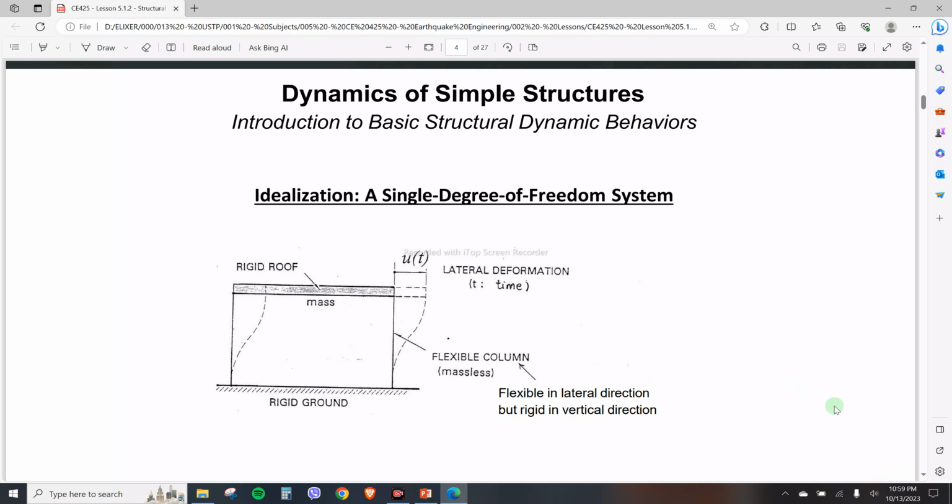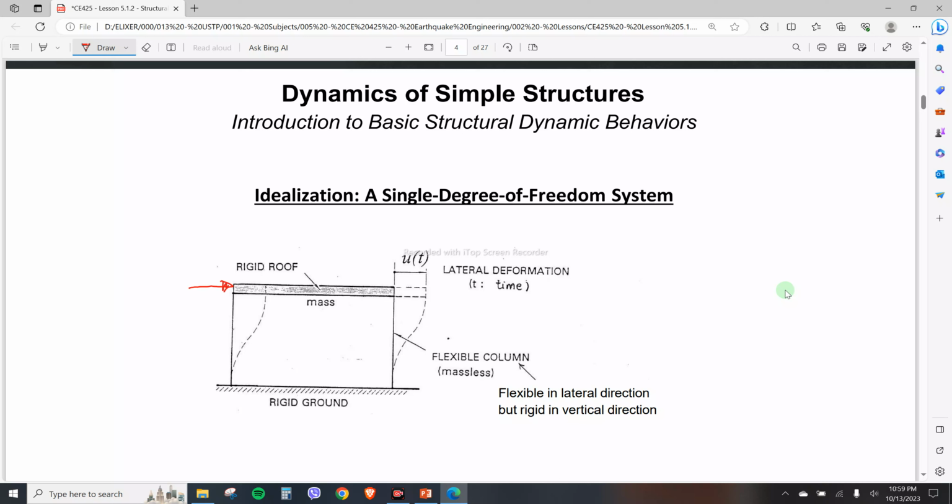Okay, let's continue with our idealization. Now this is an idealization of our single degree of freedom system. For this one, we allow the structure to move only in a single direction.